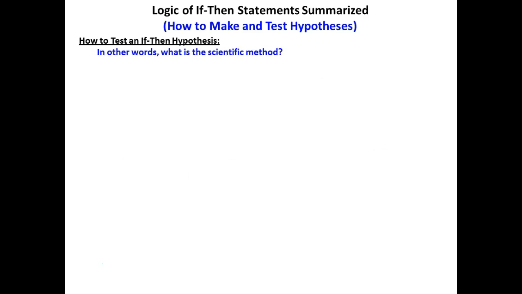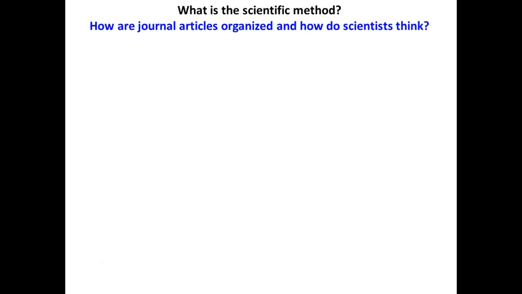So, we use the scientific method. The first thing we do is form a hypothesis, based on observations or prior knowledge. When you look at scientific papers, they're organized in the organization of the scientific method. You'll have an introduction, where they introduce previous information that they've gathered, and they form a hypothesis that they're then going to test.